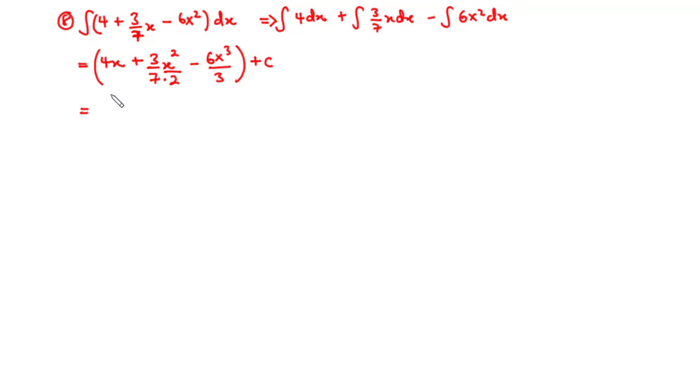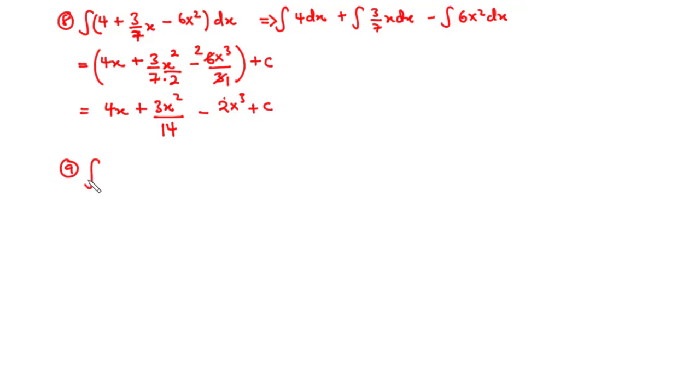So let's simplify this. We are going to have 4x plus 3x squared over, now 7 times 2 is 14, and then minus, 3 goes here once, 3 goes here 2 times, so you have 2x cubed plus c. So this is the integral of this polynomial.